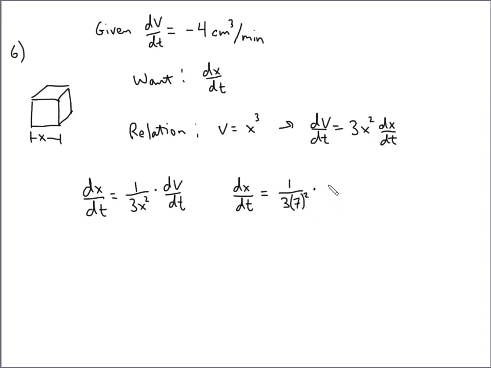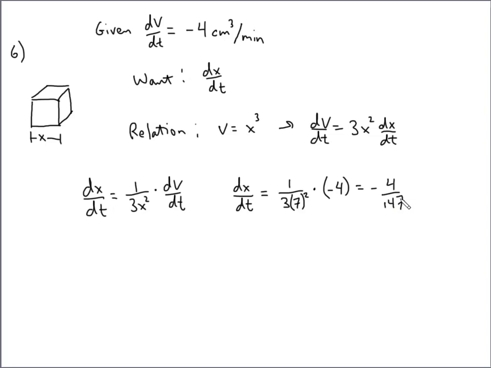And dV/dt is -4. And let's put that in our calculator, so we'll get 1 over 3 times 49. And we'll multiply that by -4. And that gives us -4 over 147.